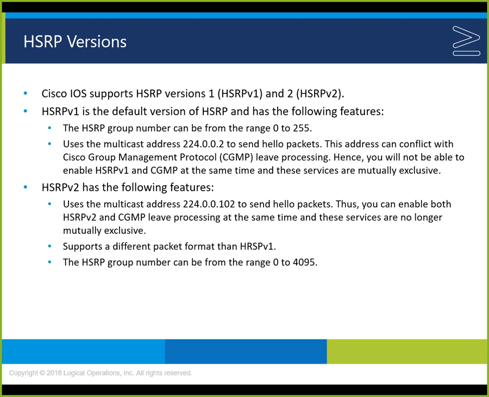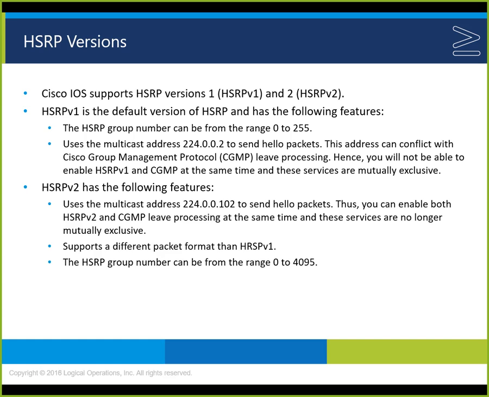Both of them are Cisco proprietary. It's like, okay, how did they do that? But they did that. HSRP v2 uses a different multicast address, 224.0.0.102, a different packet format, and it can have group numbers from 0 to 4095.